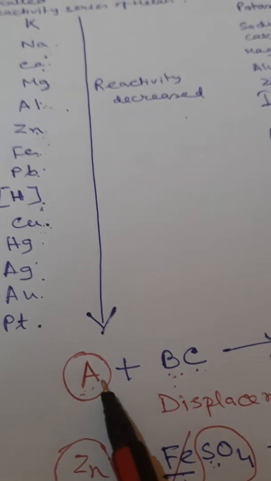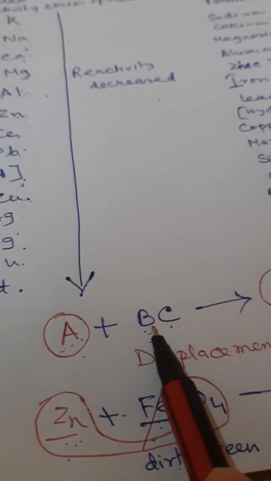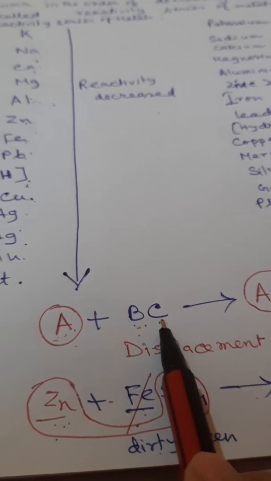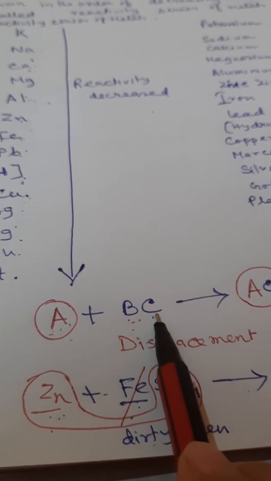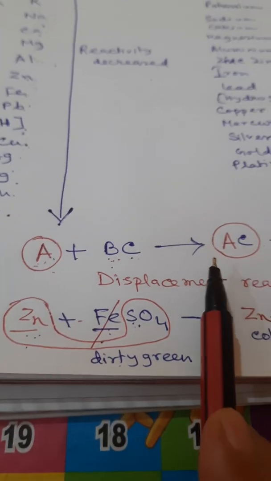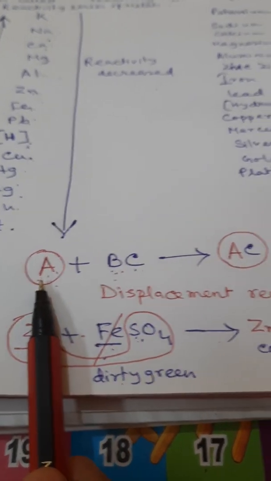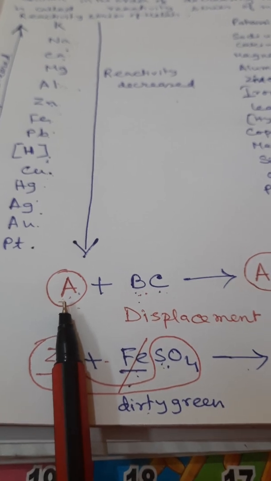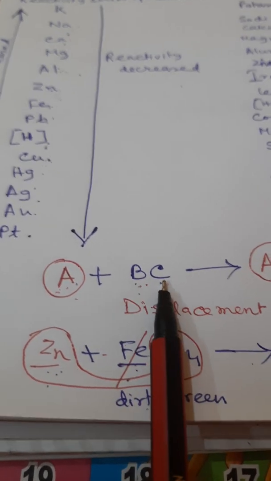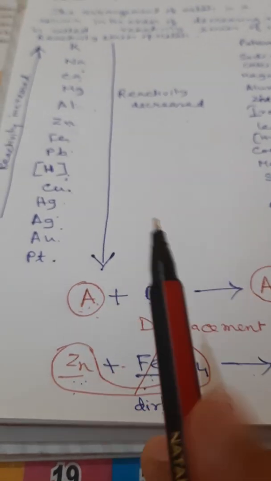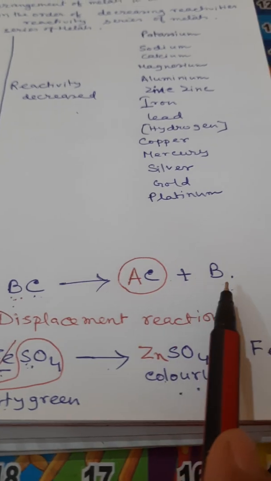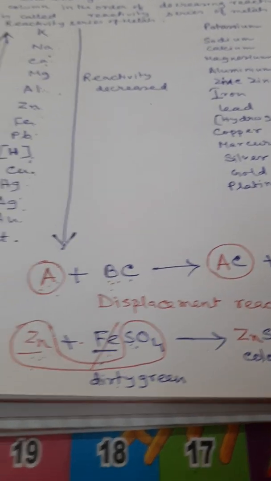Suppose A is a metal and B is another metal, and we take its salt solution BC. Now what happens in this reaction? A being highly reactive, it displaces B from its salt solution and forms AC, and B is left in this solution.